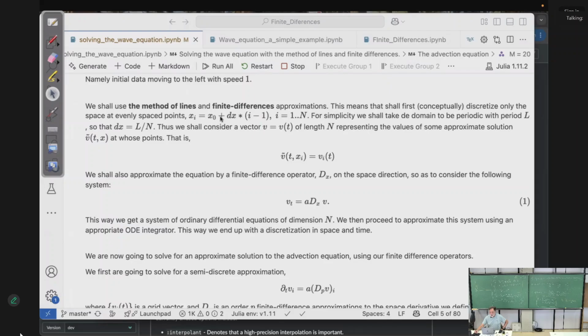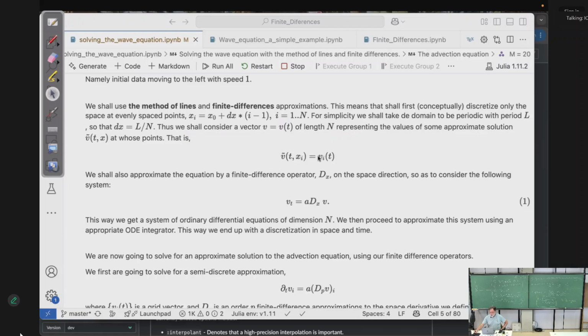So I want that when i is equal to N plus 1, I will be at position L. So if i is N plus 1, this is N, so I have to divide by N and multiply by L to get L, so dx is L over N, right?